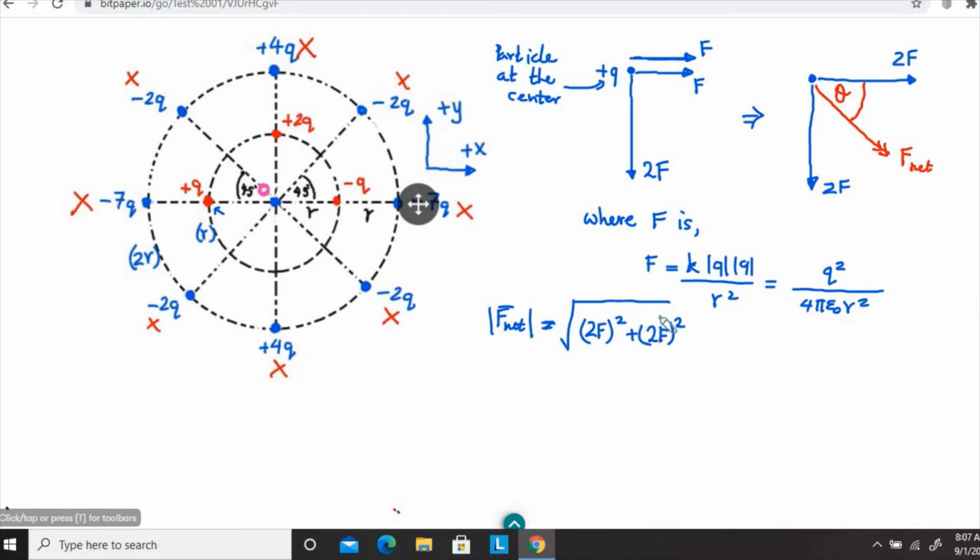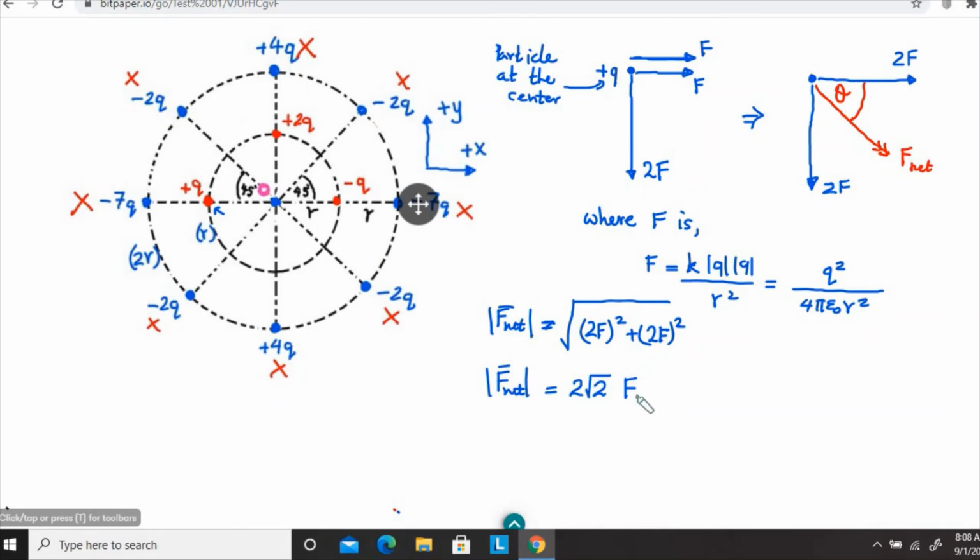Okay, so that's going to give me the net force. And when we do the simplification, try it out, then symbolically I'm going to express this as 2 times square root of 2 times F, the magnitude of the net force.